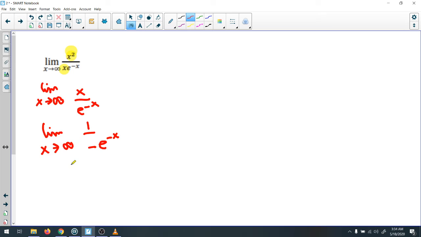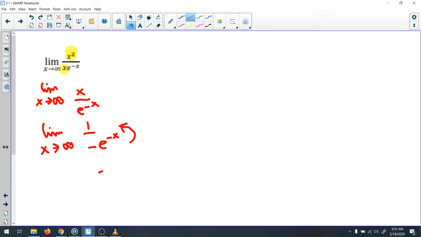So now we could substitute, but better to simplify first. So it's 1 over negative e exponent negative x. I guess we could convert e exponent negative x. Think with me. We could take the reciprocal of the base and power. So what we could do here is to make it e exponent x, flip it up here.